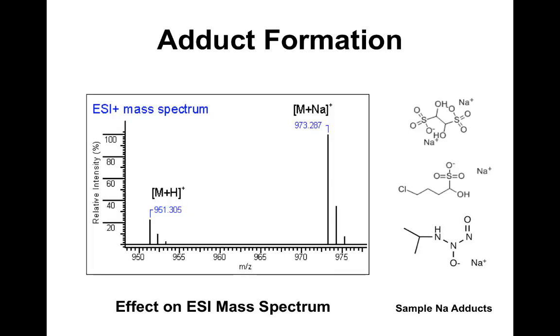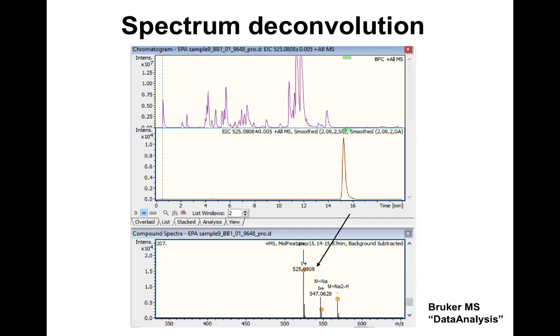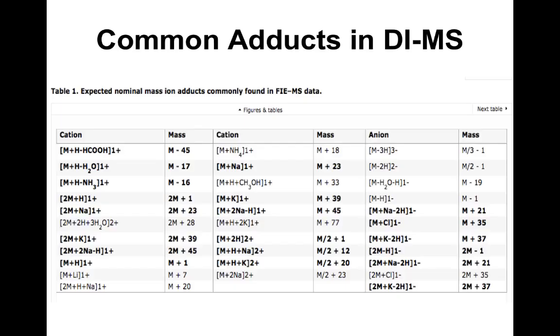In many cases you'll see multiple adducts, and again you might think these are all different compounds. There are a variety of software tools that help sort this out, but it's not trivial. This deconvolution process typically tries to convert all of these adducts into a single parent ion, to make things much simpler.